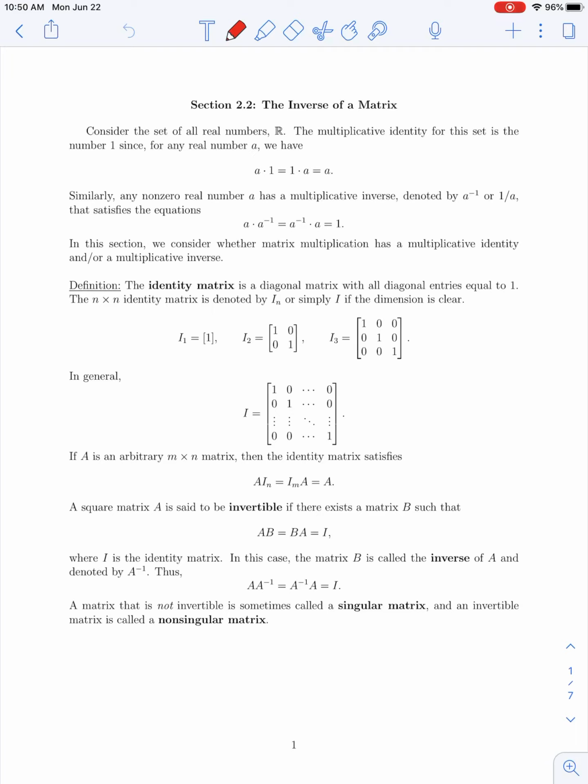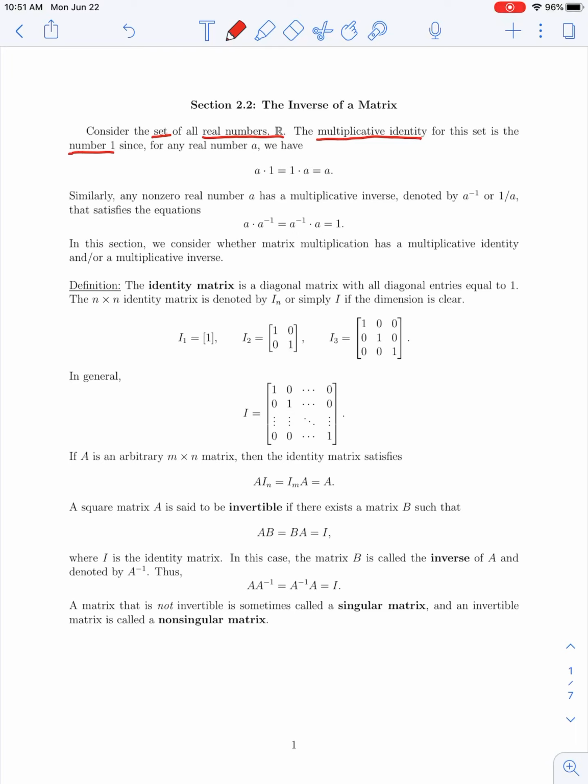So to introduce the idea of an inverse matrix, let's consider what we would think of as division or multiplication by an inverse for the real number system. So let's consider the set of all real numbers, R. Now, for the set of real numbers, we have what's called a multiplicative identity, which would be the number 1.